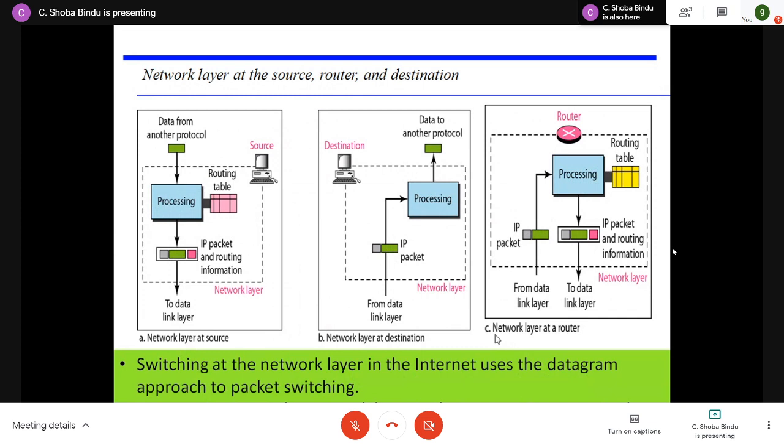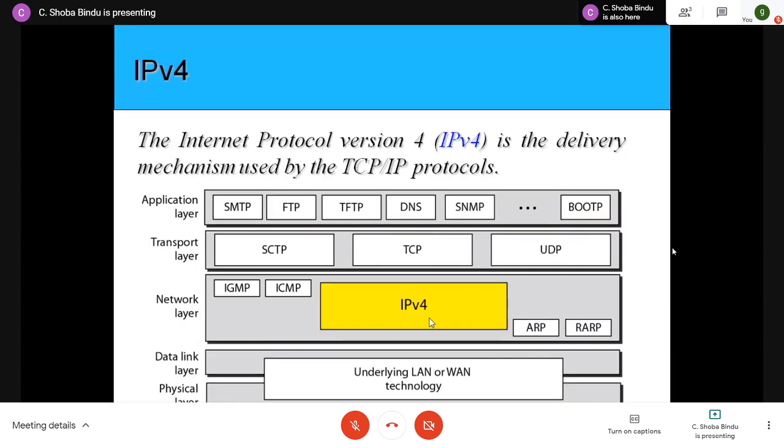When we look at this IP version 4 protocol, this is the protocol that is run at the network layer. So at the network layer, you will have this IP protocol running. Here you can see at the network layer in the TCP/IP protocol suite, along with this IP, you have 4 more protocols that are running at the network layer: ICMP, IGMP, ARP protocol, as well as RARP protocol.